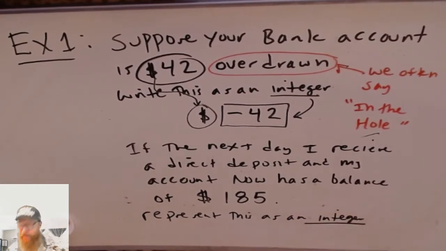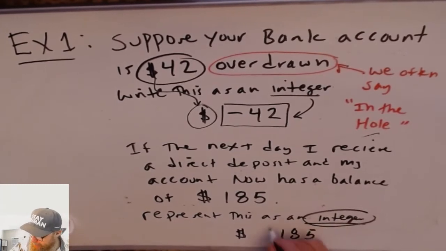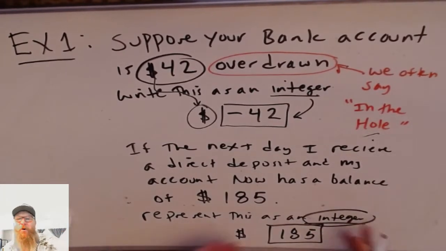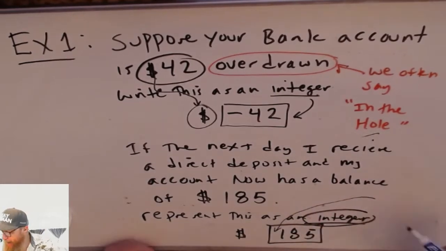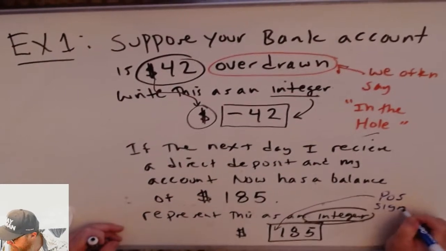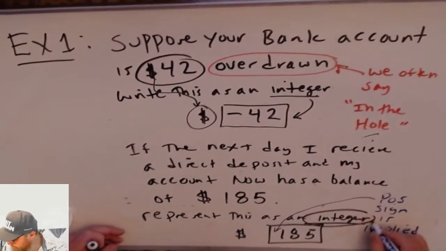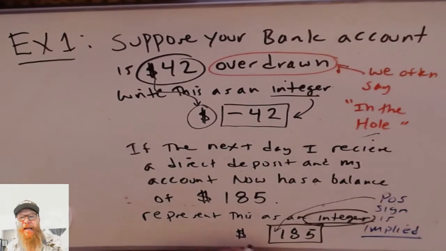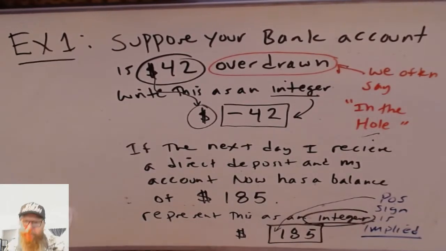Well, it already is. The integer is just 185, or you could say positive 185. I'm not going to do that. I'm just going to say the positive sign is implied. So when you see your account balance and it says $185, we do not have to put the positive sign. That is implied.